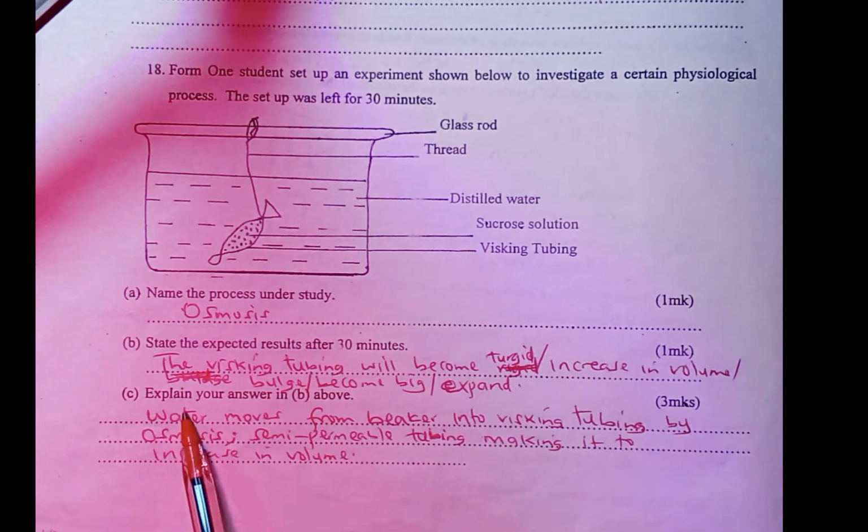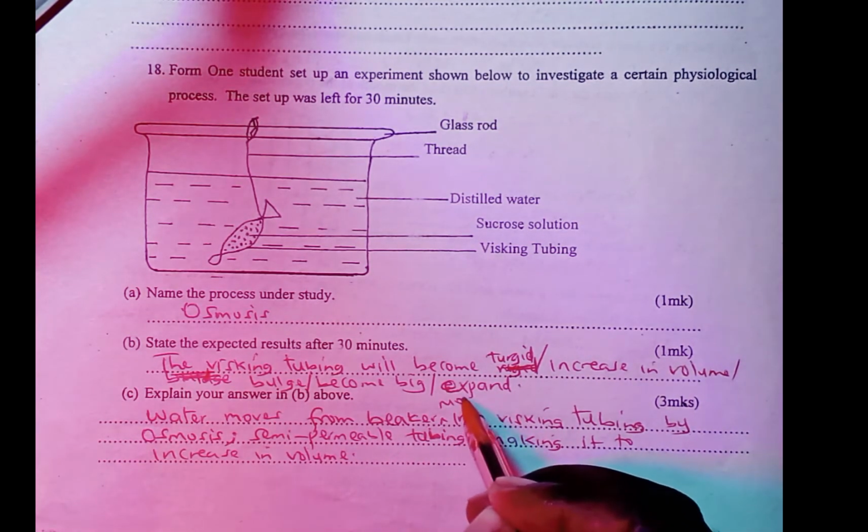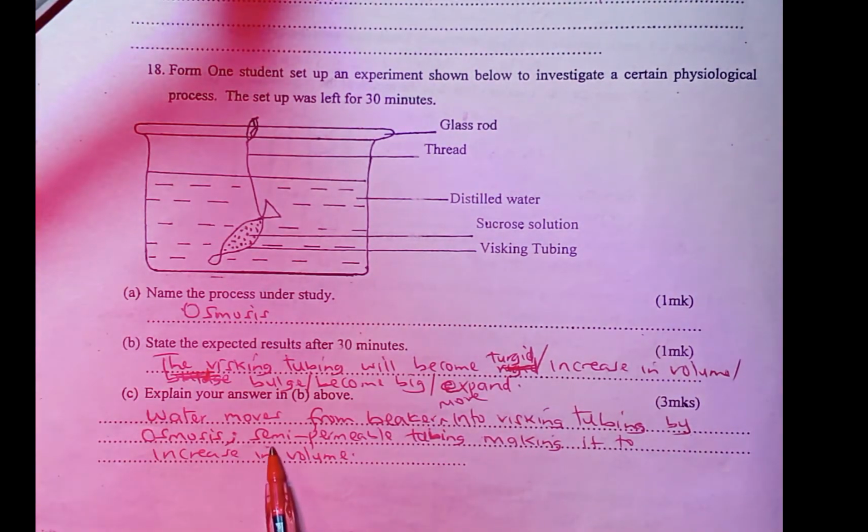Then C is where you're supposed to explain the observations in B above. Water molecules from the beaker move into the visking tubing by osmosis. And remember, the visking tubing is semi-permeable, making it increase in volume.